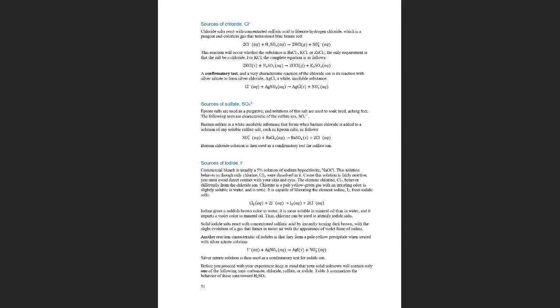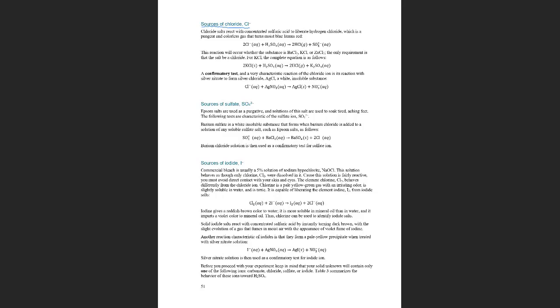What else are we going to test? Chloride. They're going to test chloride. The chloride salts also react with sulfuric acid.